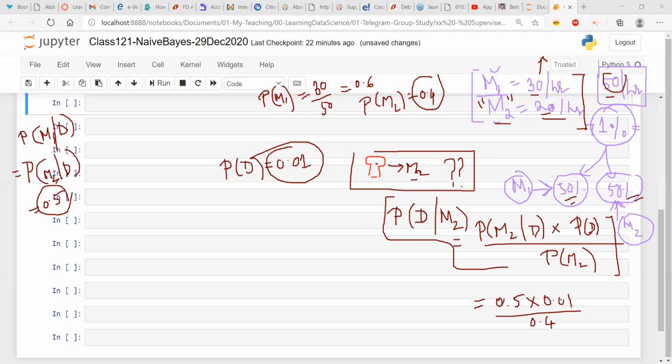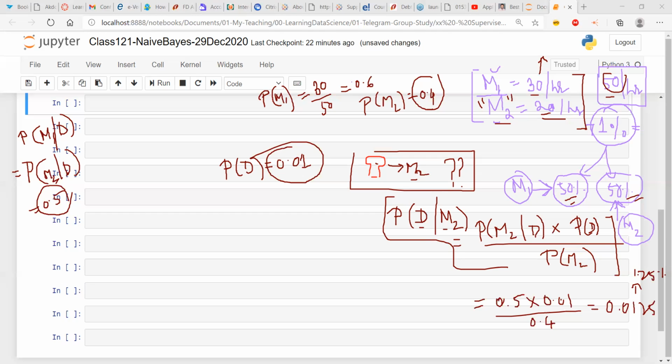If I put that over here and do the calculation, this value comes out to be approximately 0.0125. Or if I convert this into percentage, this is going to come out as 1.25. So there's a 1.25 percent chance that the bulb produced by machine M2 is a defective bulb.